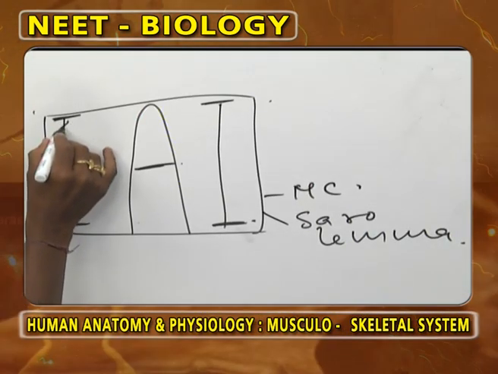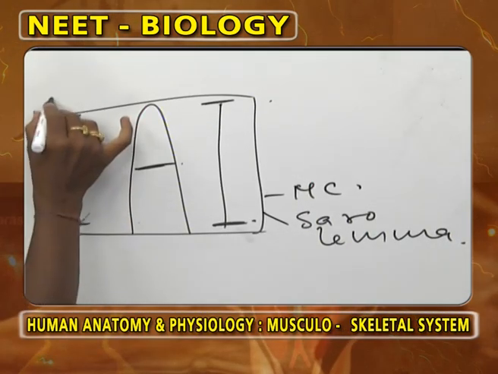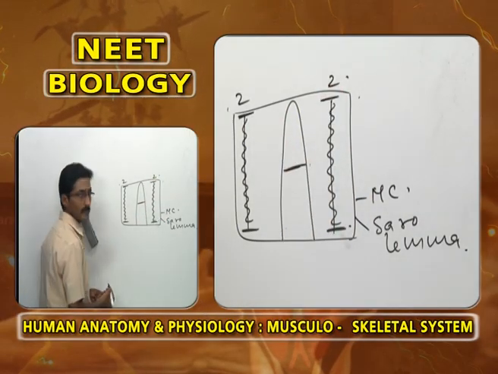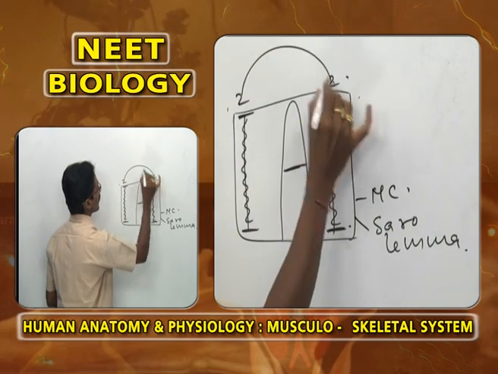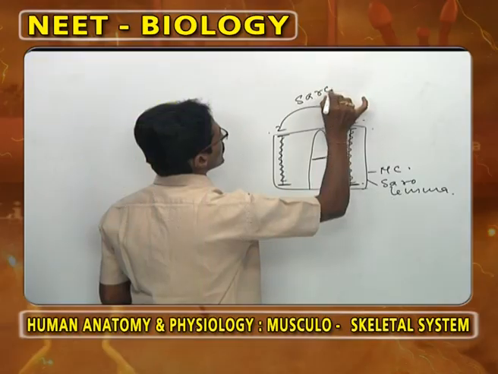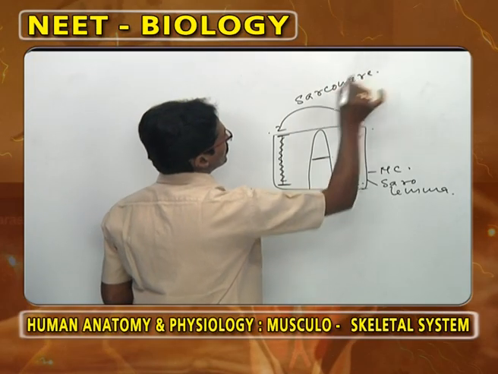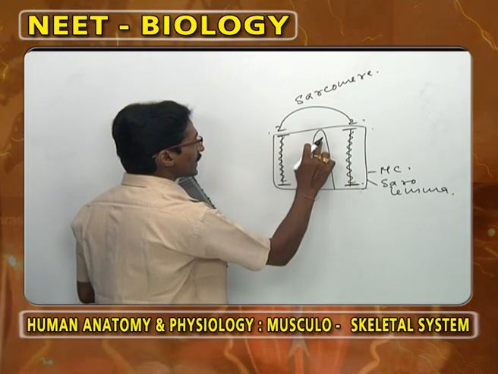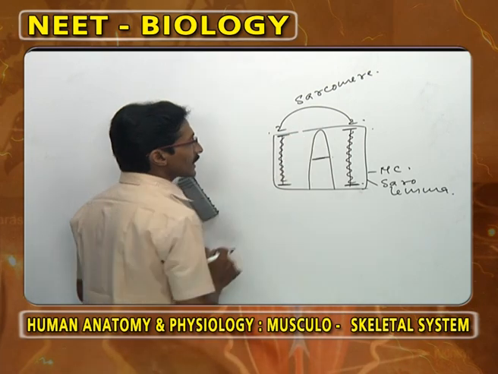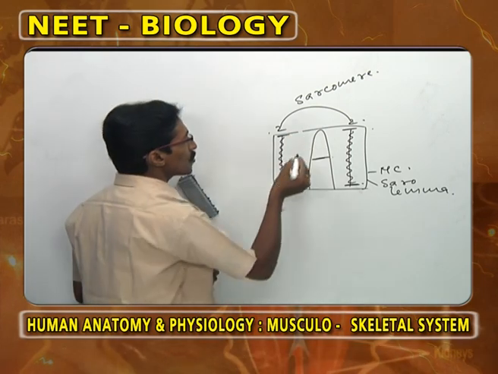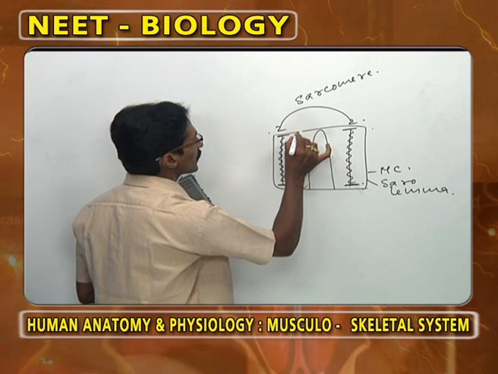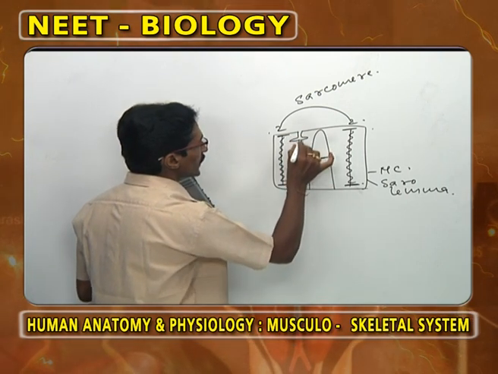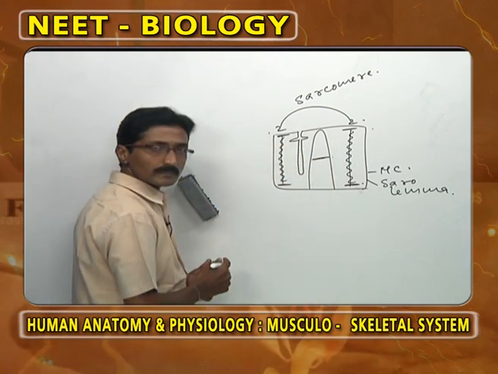Now the I is divided into 2 by Z. The distance between the two Z lines is the sarcomere. Now in case of mammals, between I and A, the sarcolemma undergoes folding or invagination. You observe, we are getting a T-shaped tubule.